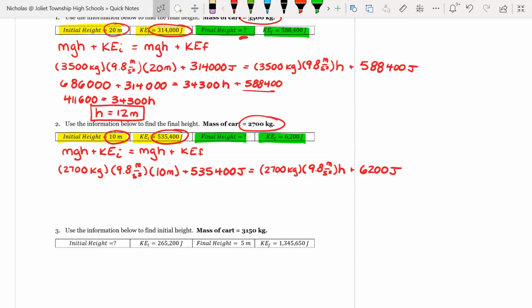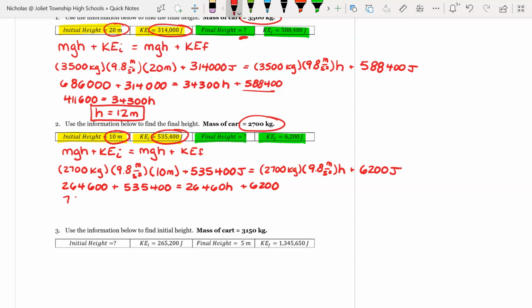All right, let's try to clean everything up. On the left side, we have 264,600. And then if we simplify the right side, I'm going to add up the 264,600 plus 535,400, and then I'm going to subtract 6,200.